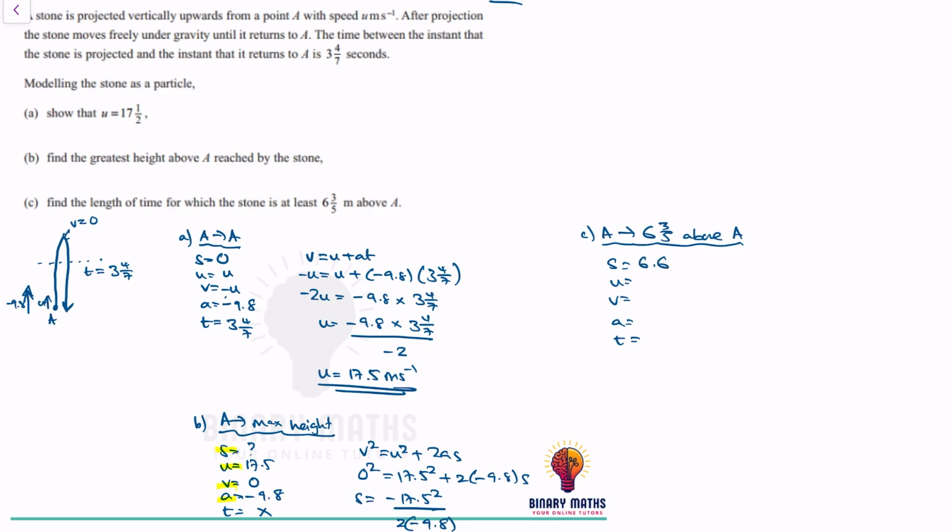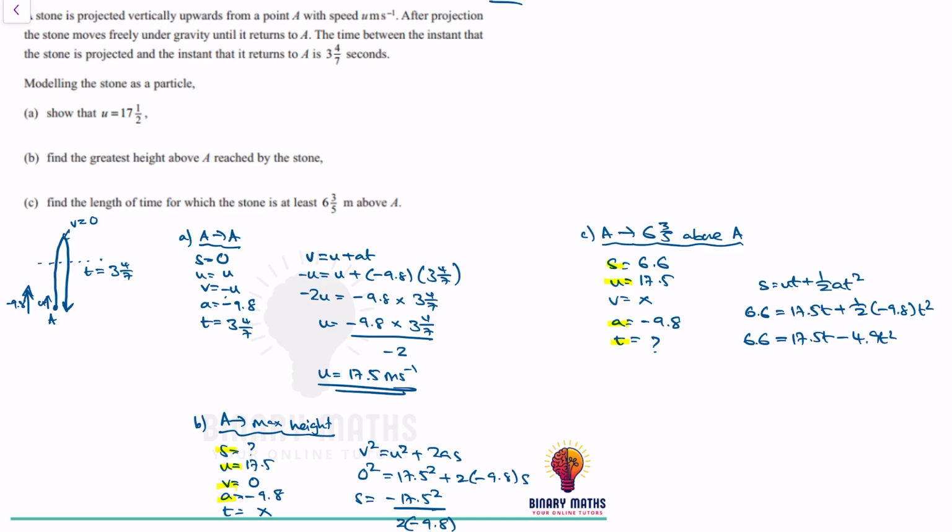Initial speed we worked out is 17.5. Final speed we don't know. Acceleration is minus 9.8. And t is what we're trying to figure out. So we've got S, U, A, and T. So s is equal to ut plus half at squared. 6.6 is equal to 17.5t plus half times minus 9.8 times t squared. 6.6 is equal to 17.5t minus 4.9t squared.